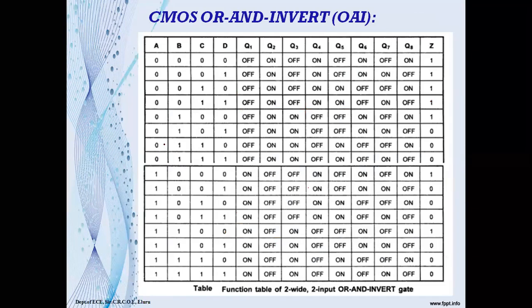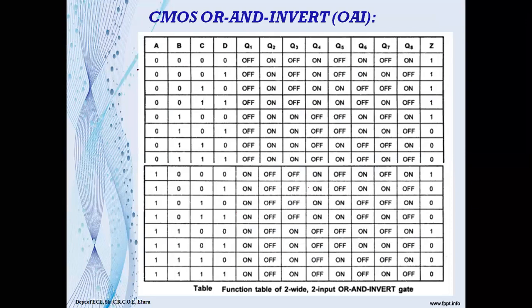So now here it is the functional table, and you can prepare this functional table according to the state of the transistor. What is the state of the transistor? It has only 2 states: one is on state, the other is off state. So corresponding to the given inputs, the transistor may be either in on state or in off state here.